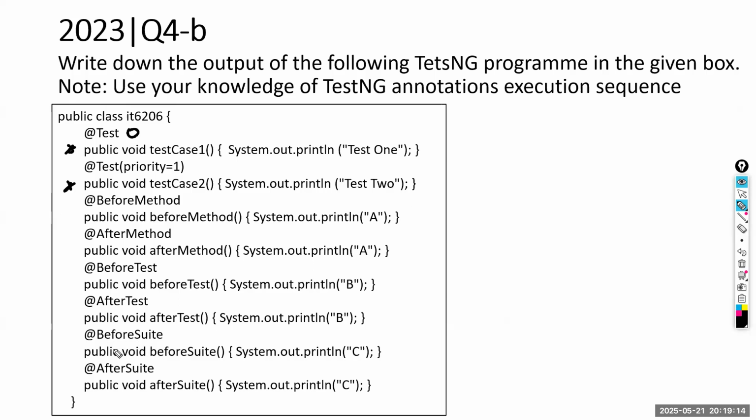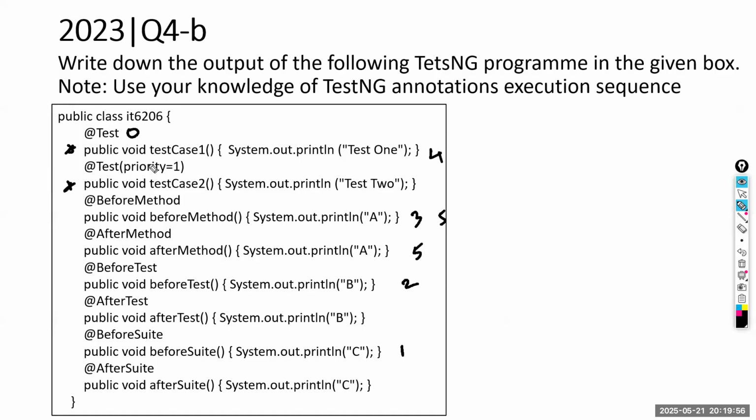So therefore, first of all, it will run the before suite. That will be the first one. Right. Then before test, then before method, then your test 1, which is this one because it's priority 0. Then it will run test case 1. Then after method will be called. So then again the before method, because we are going to run our second test now.